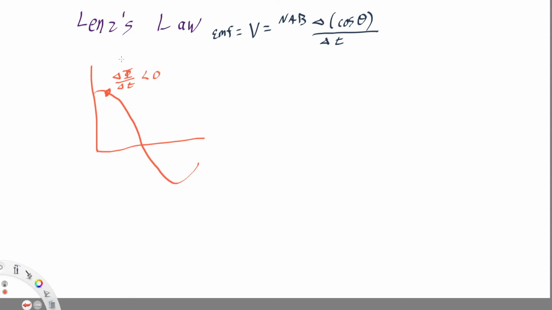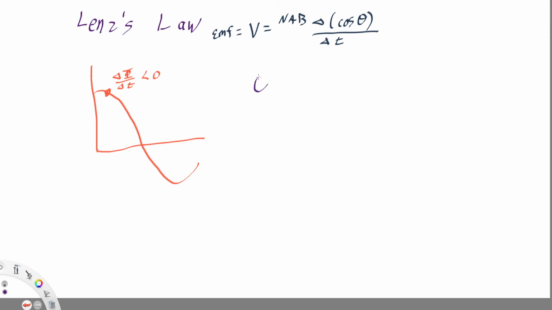Lenz's law says that the direction of the induced voltage will tend to counteract the changing magnetic field that caused the voltage in the first place.